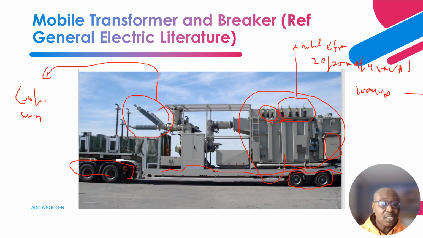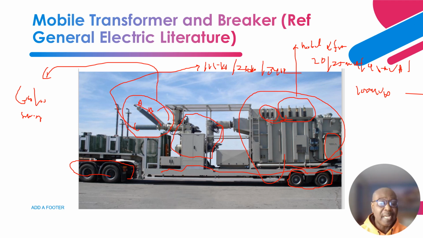Okay, so these are your bushings, right? Phase A, phase B, phase C. This one is integrated to your high voltage side, that is 115 kV, 230 kV, 345 kV, right? Okay, so it comes in here, and like I indicated, this one is a GIS, right?